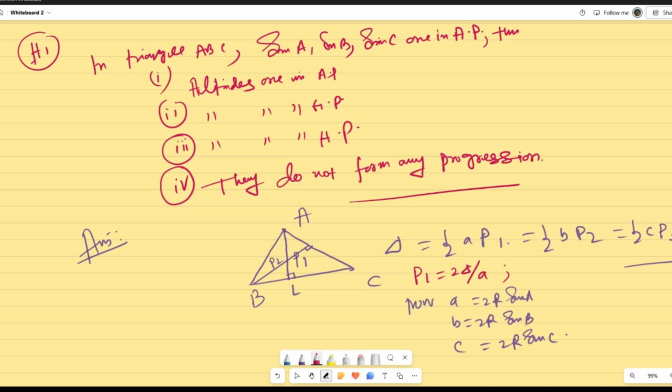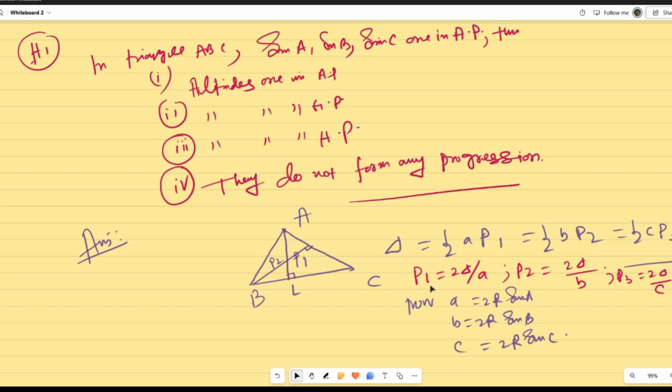P1 is 2 delta by A, P2 is 2 delta by B, P3 is 2 delta by C. Now A by sin A, B by sin B, C by sin C, that is true. From there we get A, B, C this. Okay.